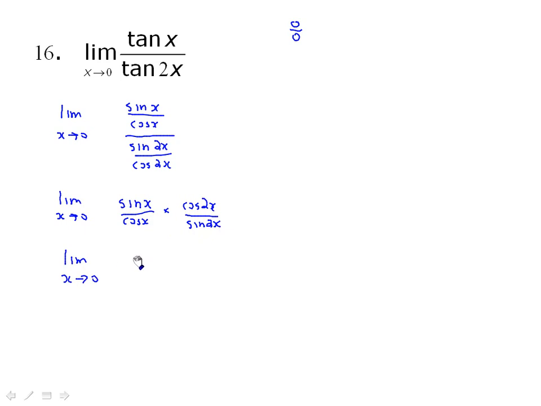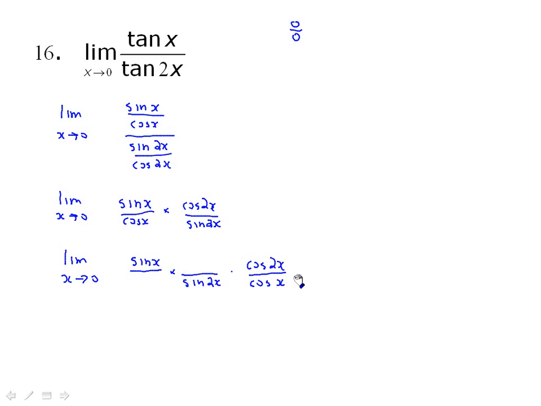Because this is going to be sine x, and times a sine 2x on the bottom. Now I'm changing the order a little bit, and then I'm going to keep this as cos 2x and cos x. Now you could have broken them up as well, but I didn't bother because the only formula we have for cosine is 1 minus cosine, or cosine minus 1.